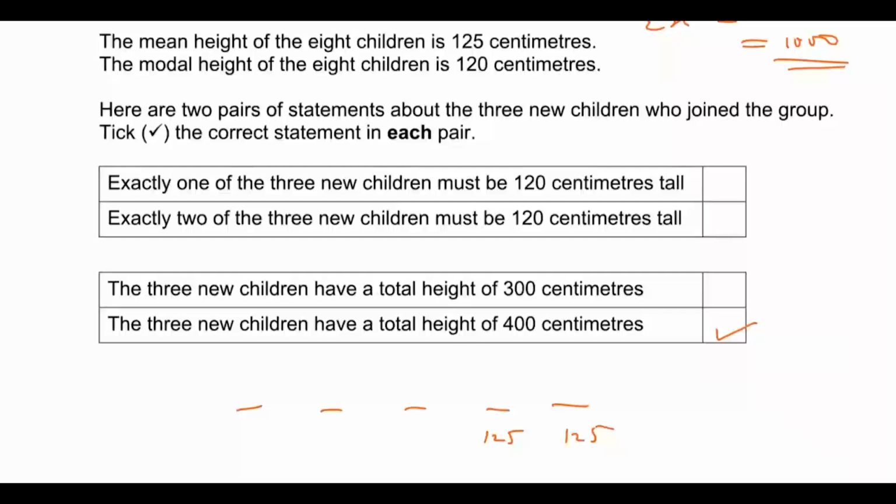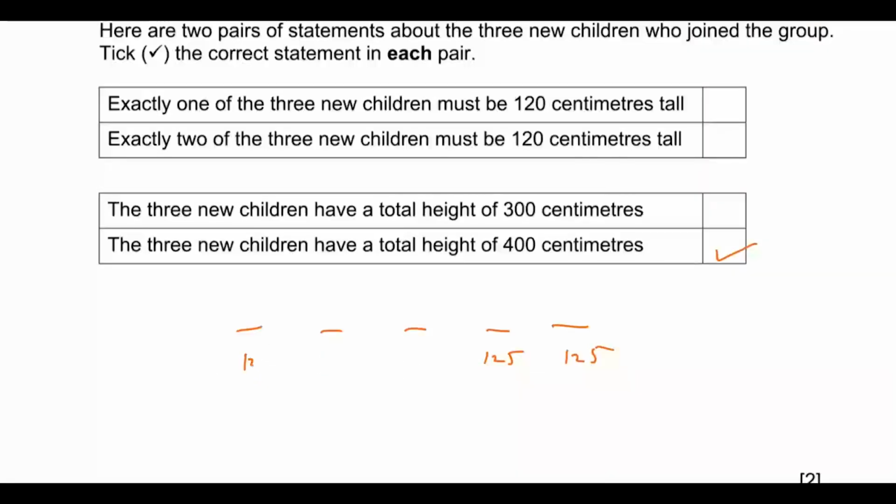So that means we are going to have 120 at least once. Then you can have the others be something between 120 and 125. So this will be a different number, and this will be a different number. So that is the meaning. Of course, 125 will be the mode here because it appears 2 times, and no other number appears 2 times. So we have 120 and others.